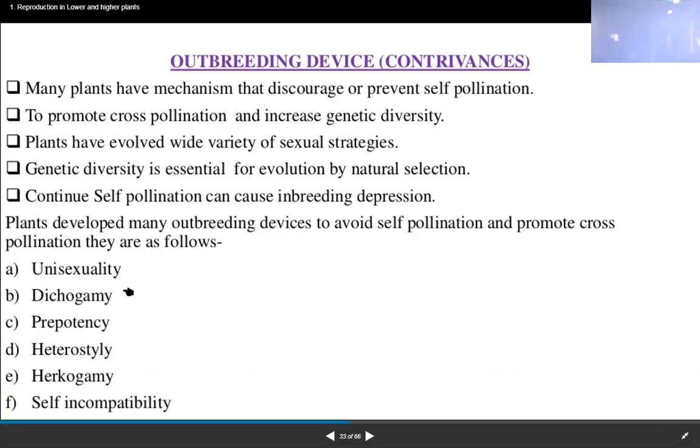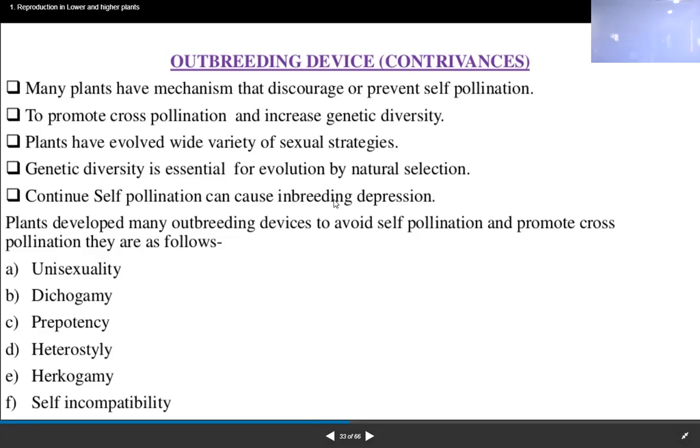Okay, Sejal, understood? Tell me, what is the need or importance of outbreeding devices? Here we are going to promote cross-pollination and avoid self-pollination. Why? Because of self-pollination, inbreeding depression occurs.